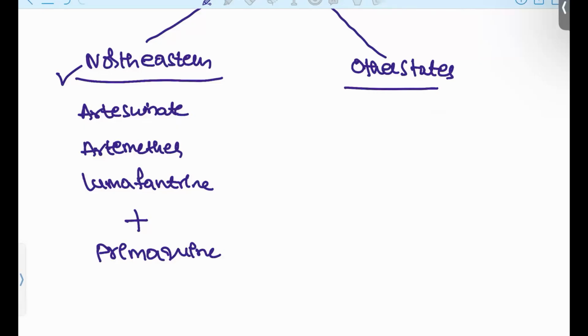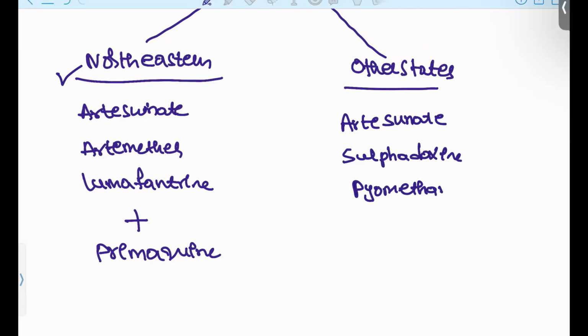And for patients from other states, we give artesunate. Artesunate is common. Along with that, sulfadoxine and pyrimethamine are given to this patient, and again primaquine is also given.